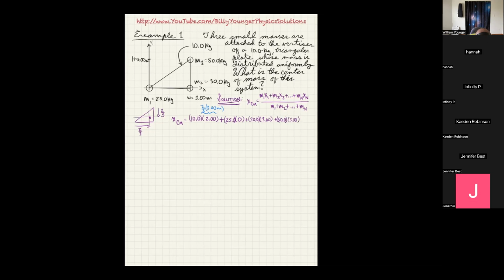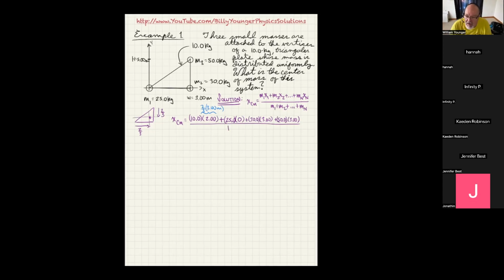And then all of this has to be divided by the total mass, which I don't have to actually show adding up on here. I could just add them up in my head and put the result down at the bottom. So 10 plus 25 is 35, plus 30 would be 65, plus 50 would be 105.